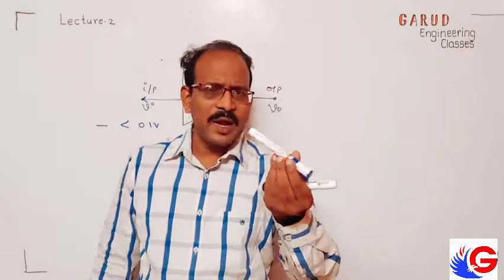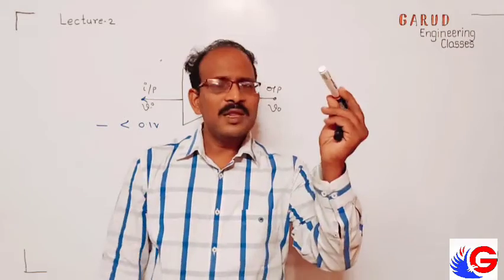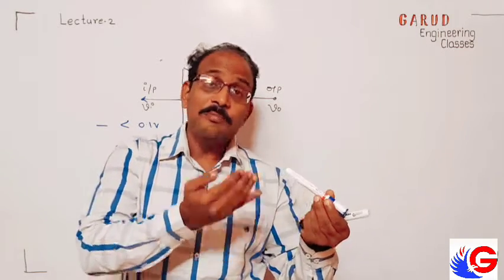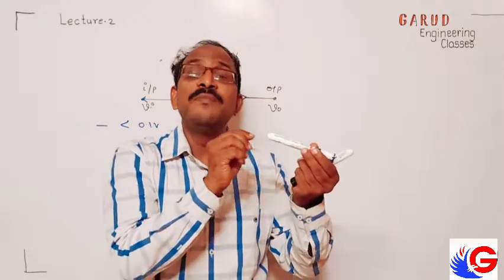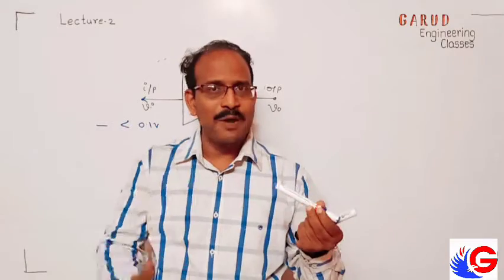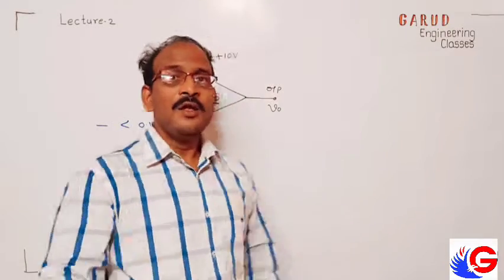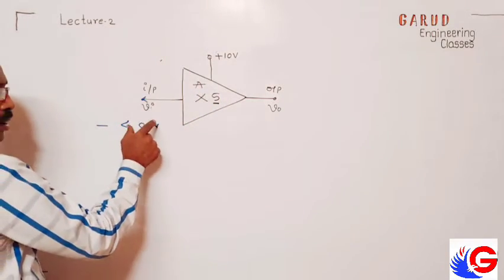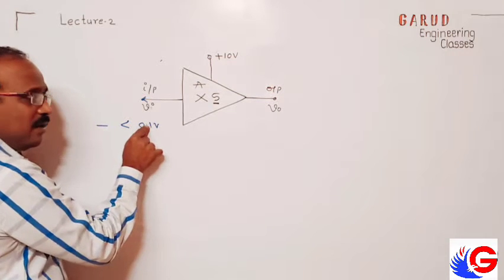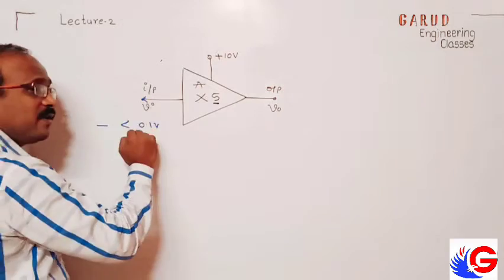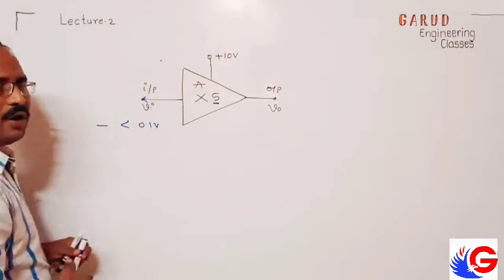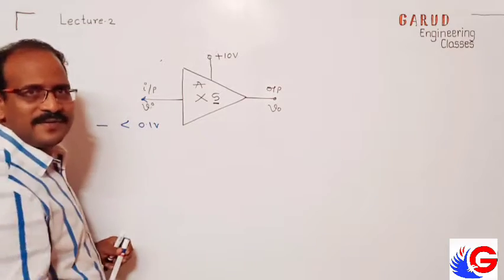Suppose if you consider a mic, this amplifier will not pick up even though I am speaking, that signal is below its minimum sensitivity. This amplifier is not that sensitive to pick up my voice. So if this signal is greater than 0.1, then only it gives output, it reacts.